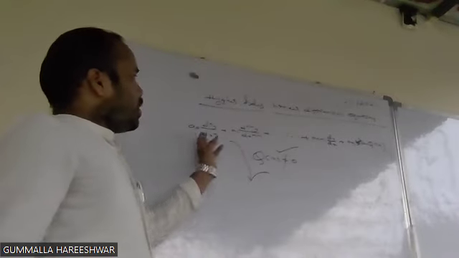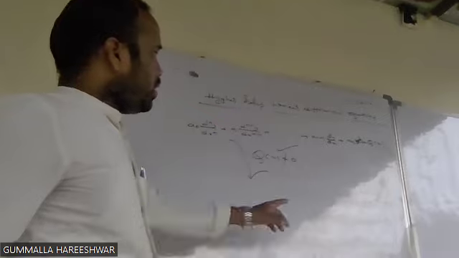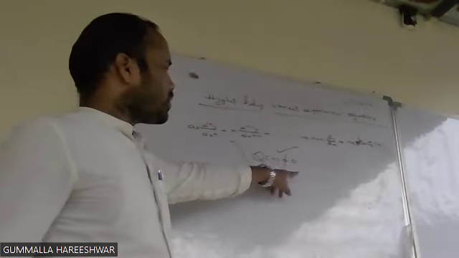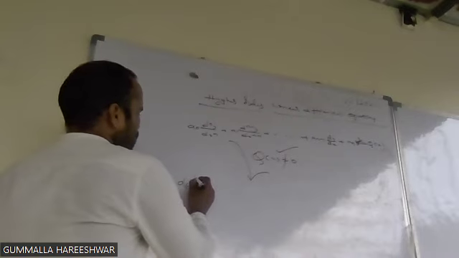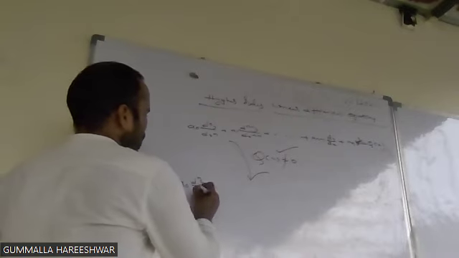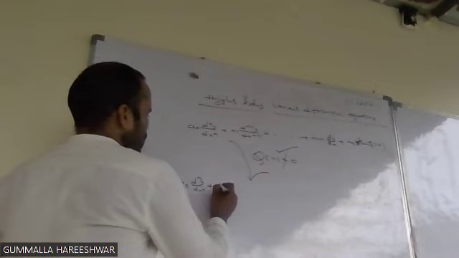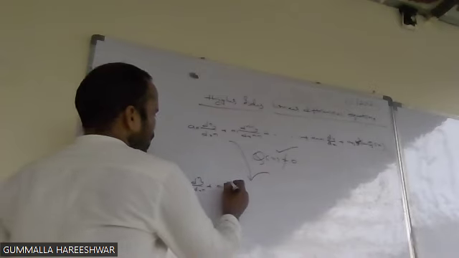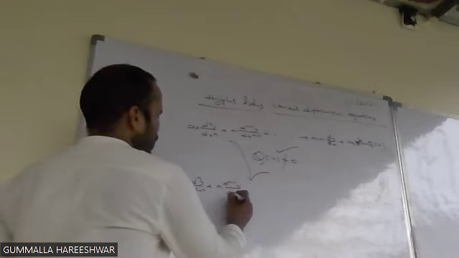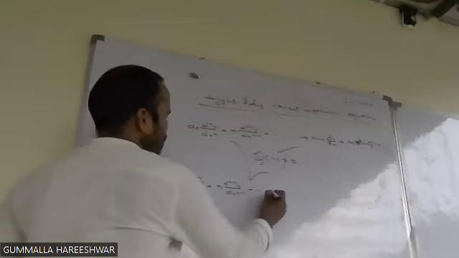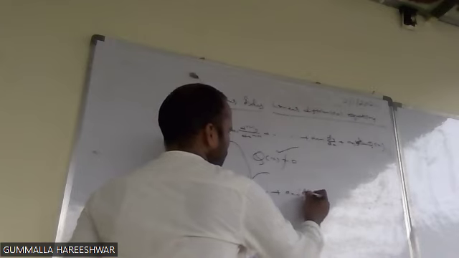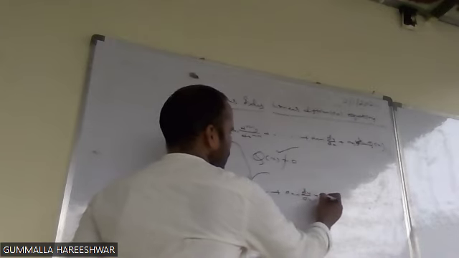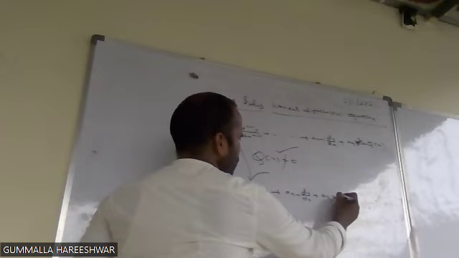Suppose the coefficients are constants and the right hand side, q of x, is 0. Then a naught nth derivative of y plus a1 (n minus 1)th derivative of y plus and so on, plus an y is equal to 0.